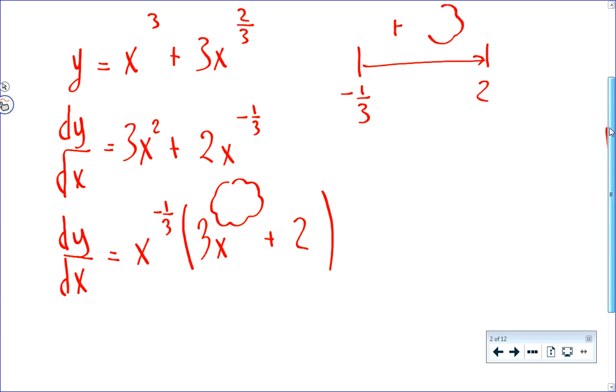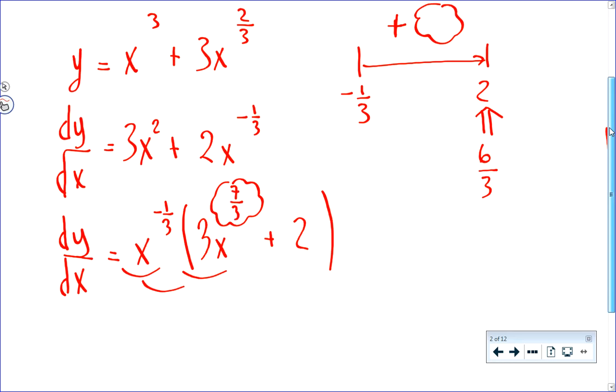The reason is that if I multiply these two terms together, I have to end up going back to the 3x squared. And when you multiply common bases, you add the exponents. So you're looking for a number that when added to negative 1/3 gives you 2. Well, 2 is 6/3. So the number I have to add to negative 1 to get 6 is 7. So I have to add 7/3 to negative 1/3 to get 6/3.